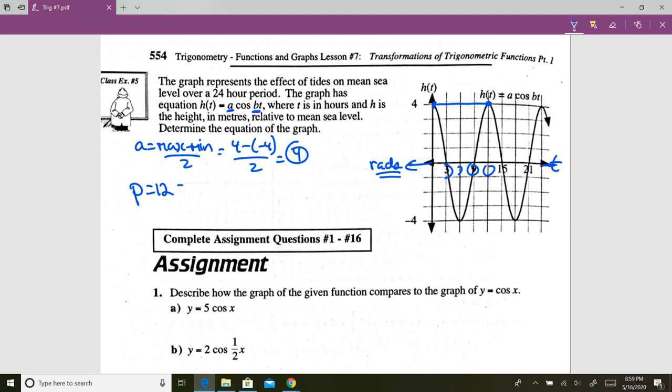And remember, period is equal to 2 pi over b. So if I switch the 12 and the b, I get b is equal to 2 pi over 12. 2 over 12 is 1/6, so this reduces to pi over 6. So the equation of this graph is y is equal to a, which is 4, cosine, our b value, pi over 6, t.